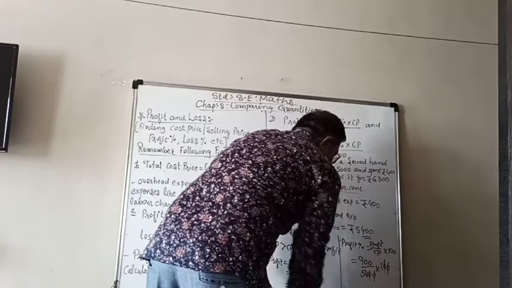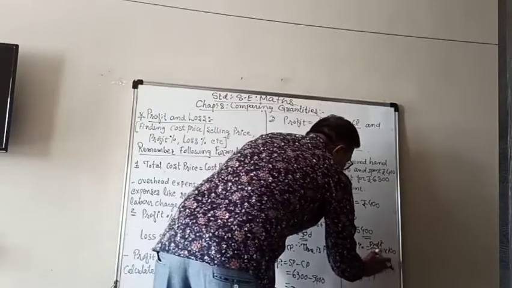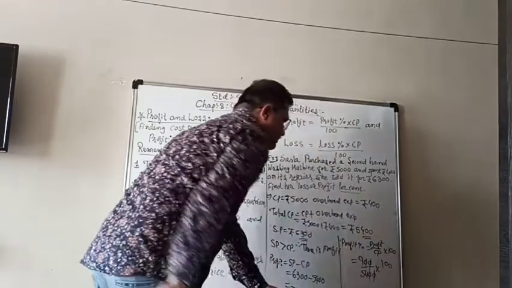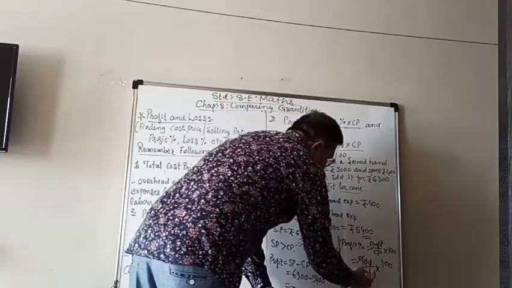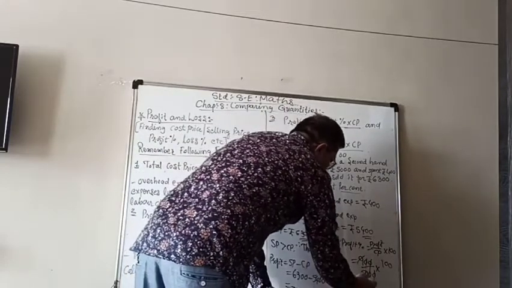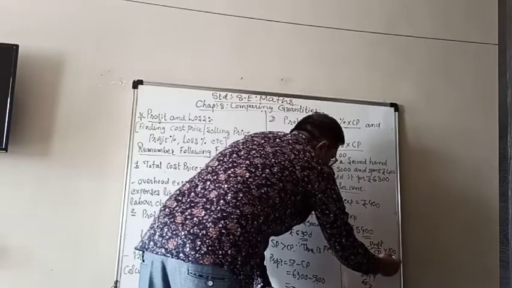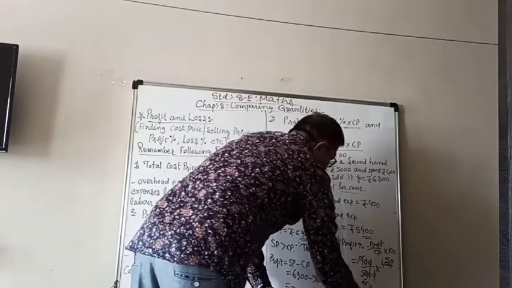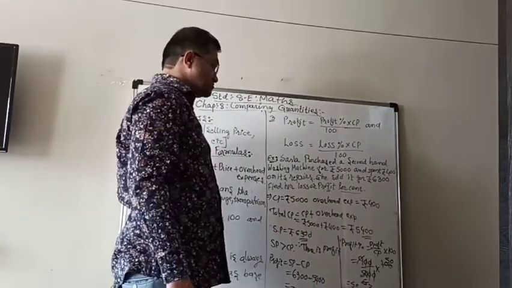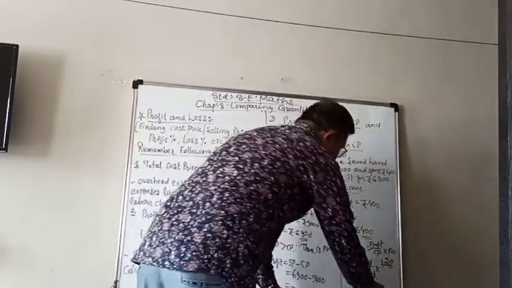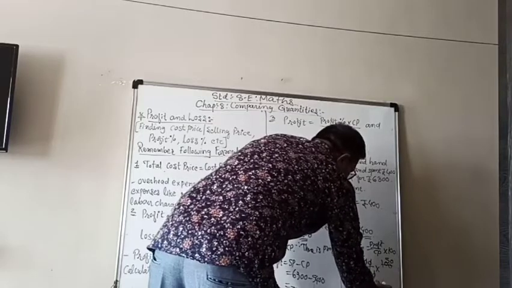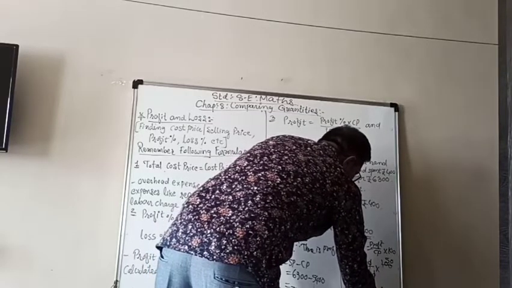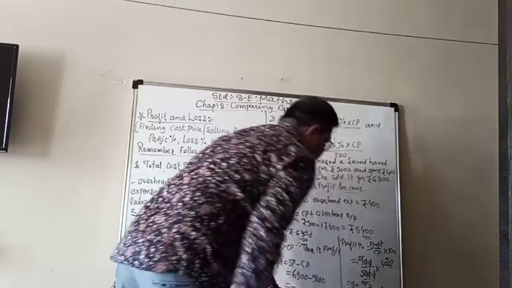Zeros are cancelled, then 9 6s are 54. Now 3 2s are 50 upon 3. You can convert it into the mixed fraction also. That is 3 1s are 3, 3 6s are 18. So 16 2 upon 3%.